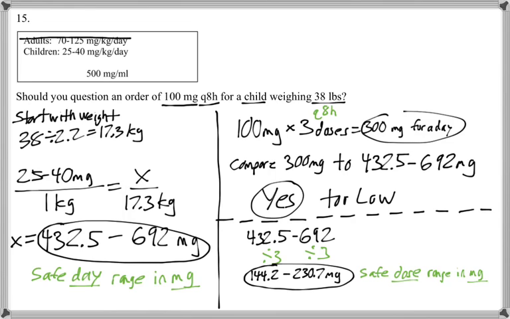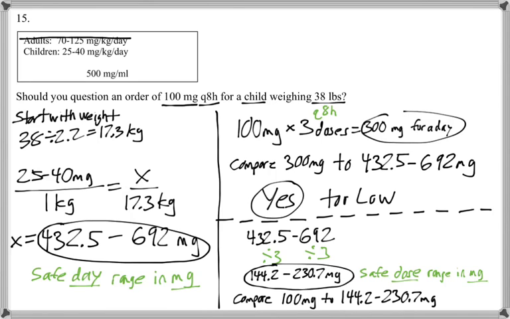And now I can compare the original 100 milligrams. So I'm just looking at the original 100 milligrams, and I can compare that to the 144.2 to 230.7 milligrams. And it is too low.